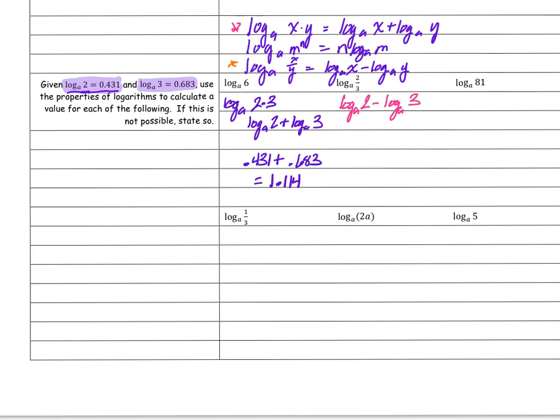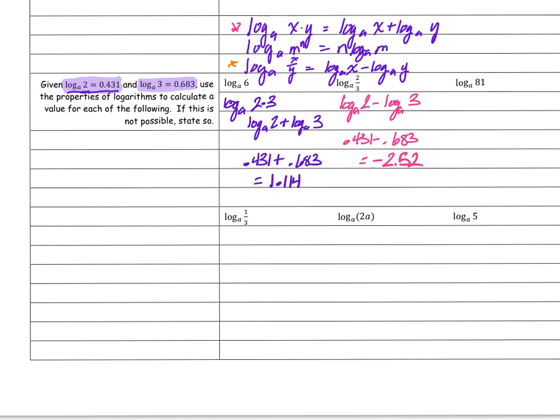So this time I'm going to say 0.431 minus 0.683, and I'm going to put that into my calculator. My calculator went away. 0.431 minus 0.683 is negative 2.52. And there's your answer.